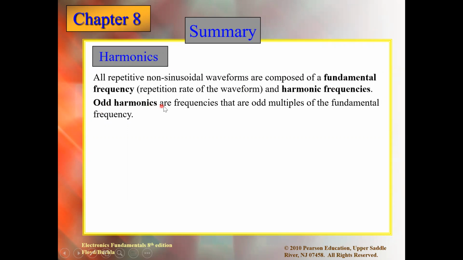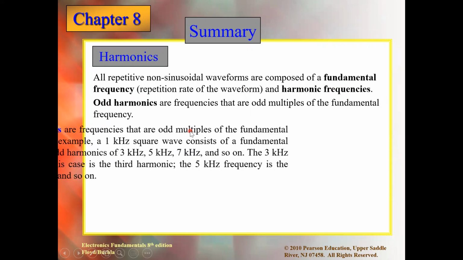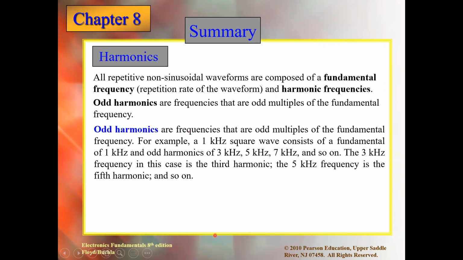Odd harmonics are frequencies that are odd multiples of the fundamental frequency. First try to understand what odd harmonics are: they are odd multiples of the fundamental frequency. For example, if the fundamental frequency is 1 kilohertz, okay?